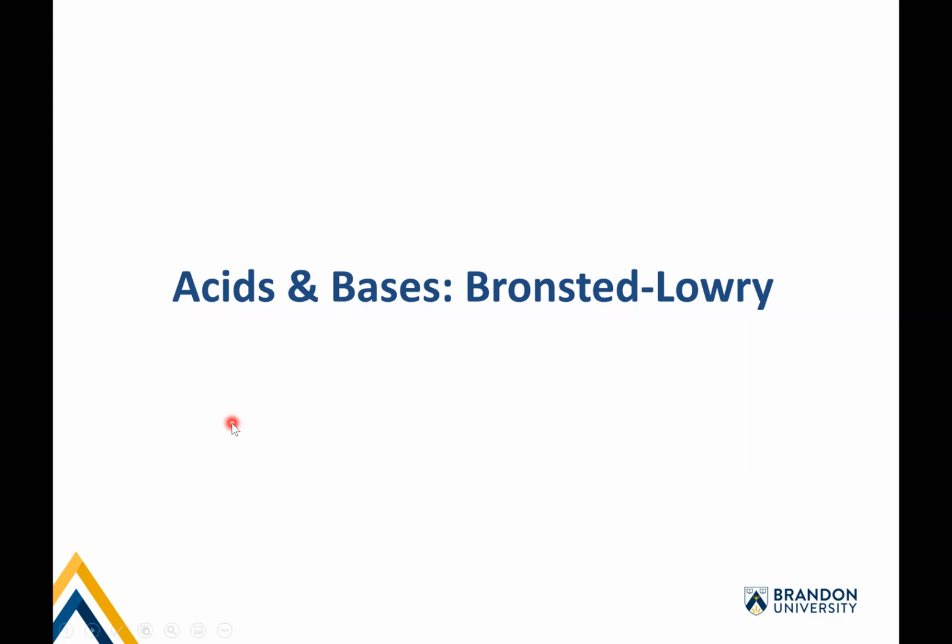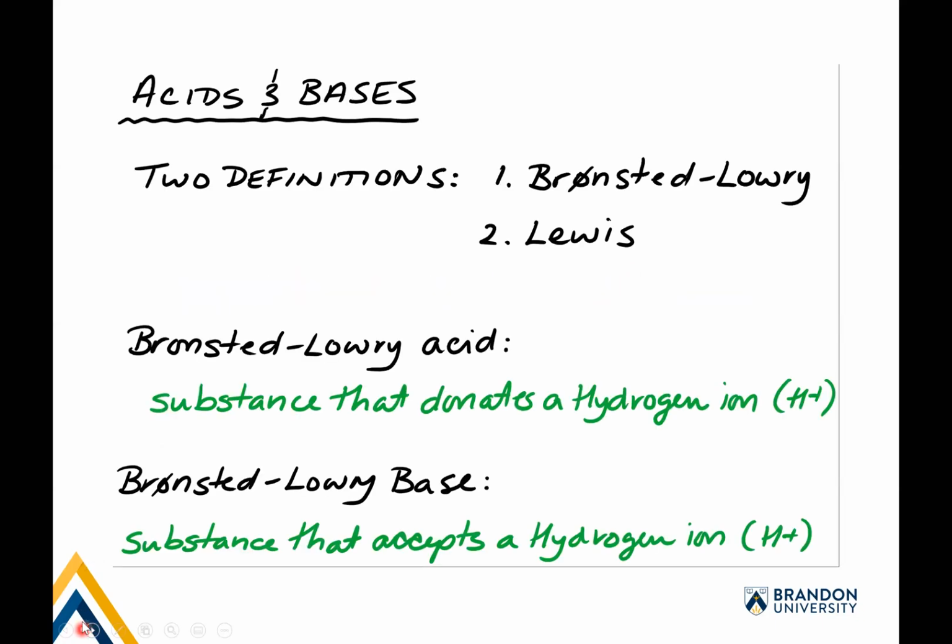Okay, so the first section we're going to be talking about is acids and bases, and this is the Bronsted-Lowry version of things. We'll get into the Lewis acids and bases on Tuesday. There are two broad definitions, the first being the Bronsted-Lowry, which we'll talk about today, the second being Lewis.